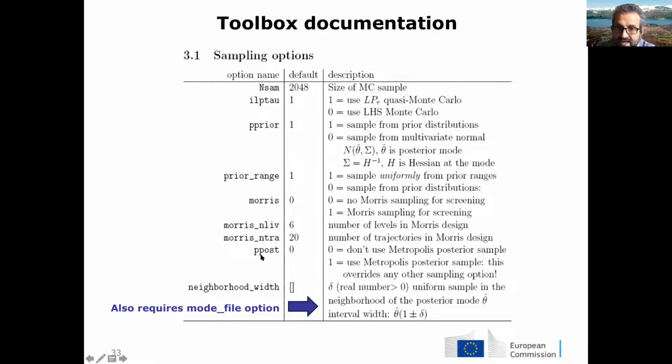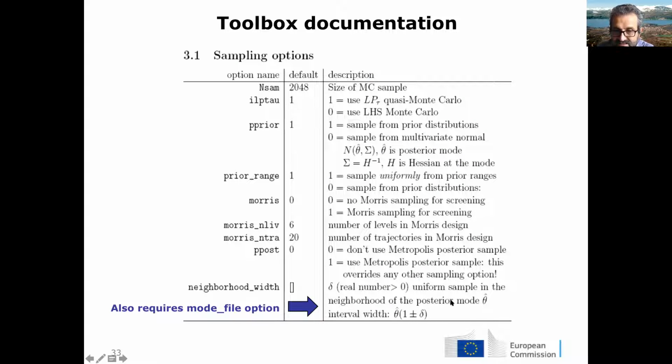Vice versa, if you already have an estimated model and you want to analyze what's happening around it using the posterior draws, you set p post equal to 1, and this overrides everything else, because once you have p post equal to 1, you just fetch Metropolis draws. If you want to sample in the neighborhood of a specific point in the parameter space, you have to set the neighborhood width, which is a real number.